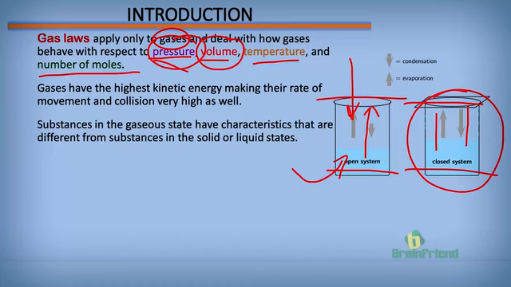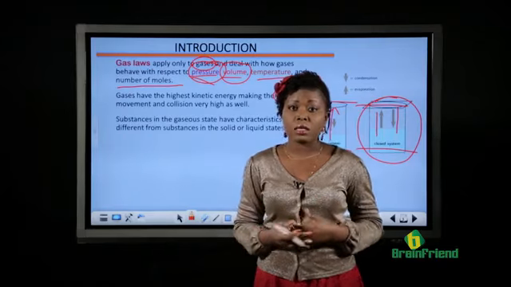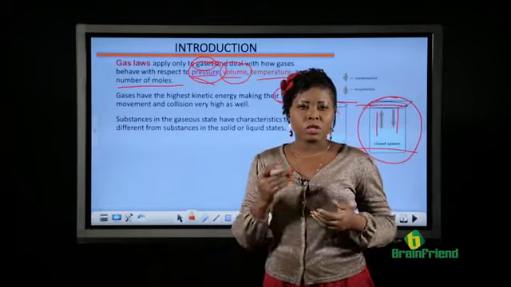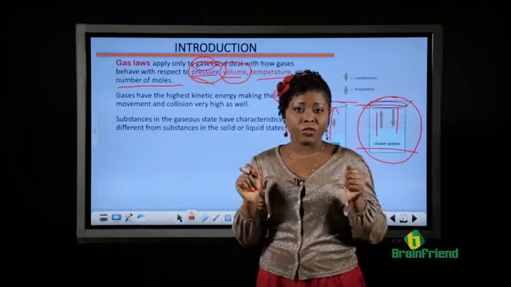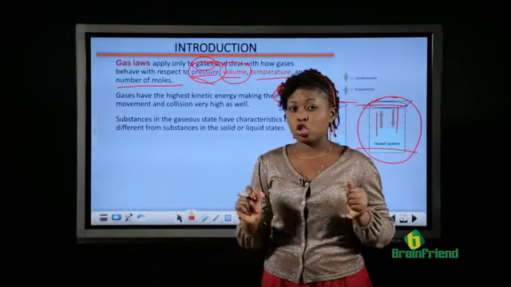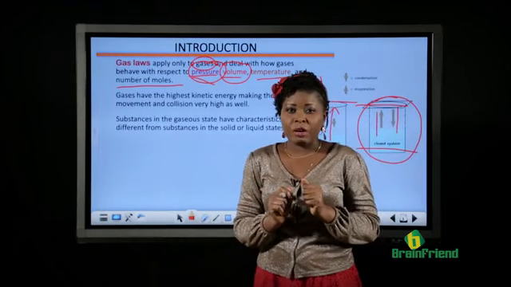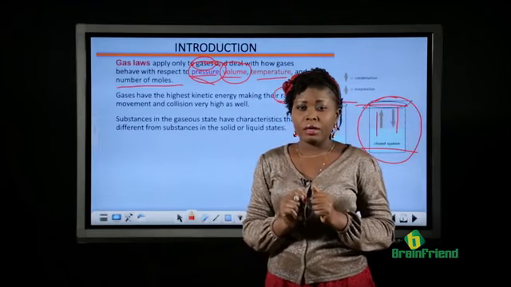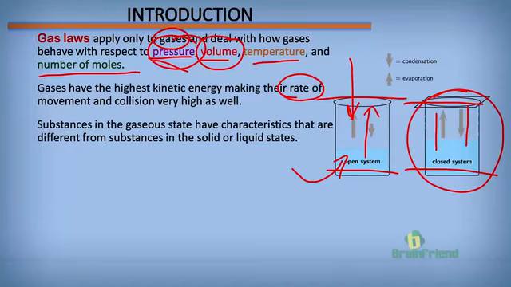Gases have the highest kinetic energy, making their rate of movement and collision very high. In our previous lesson, when we talked about the states of matter, we talked about how solids have the least amount of kinetic energy, and because of that, they do not move. Actually, they just vibrate about in their container. The molecules of a solid just vibrate, and that is what gives them the shape that they have because they do not move about.